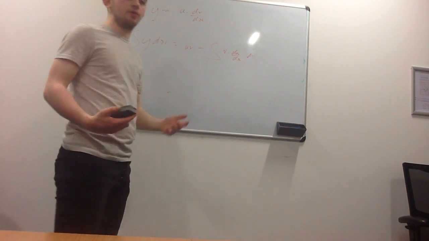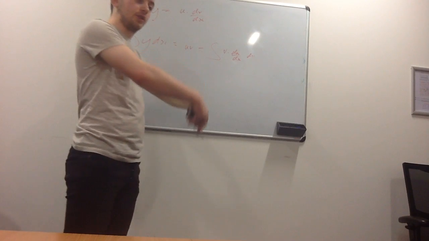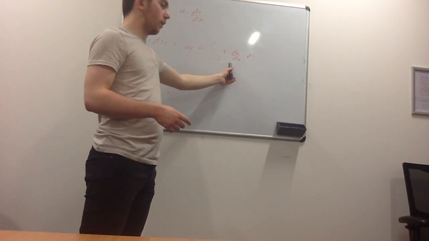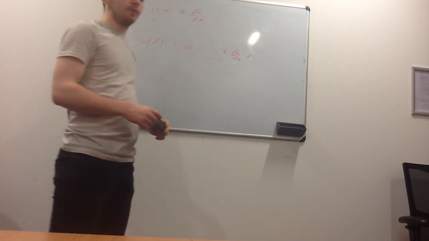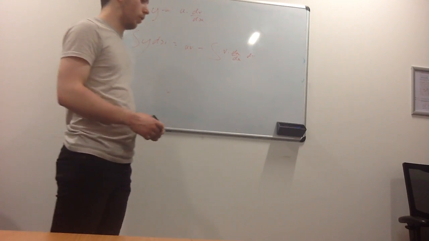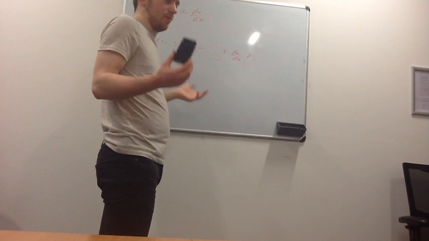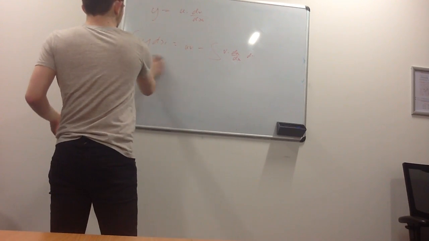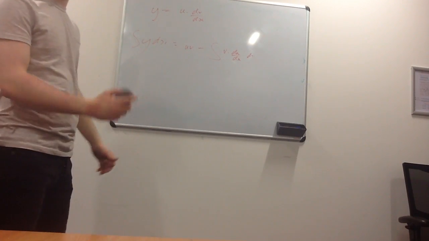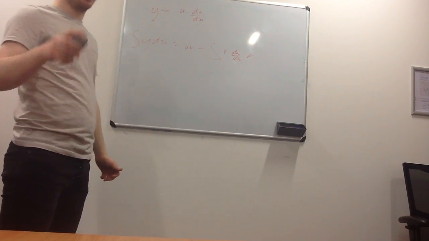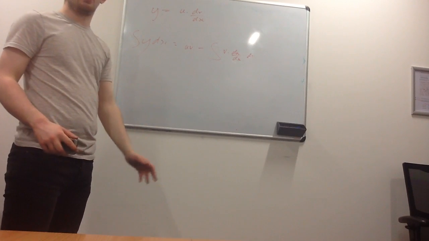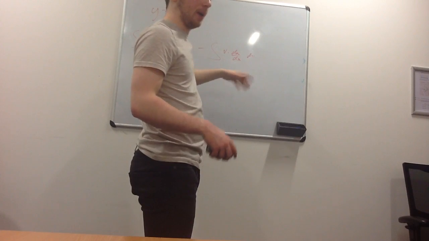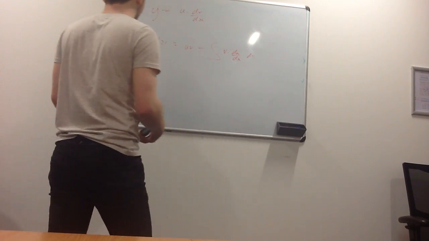A bit like with chain rule, you can be expected to do a chain rule within a chain rule. So just be aware. Also, if they ask you to integrate by parts, you have to do it the whole way through. You can't do it half the way and then integrate by substitution. Okay?